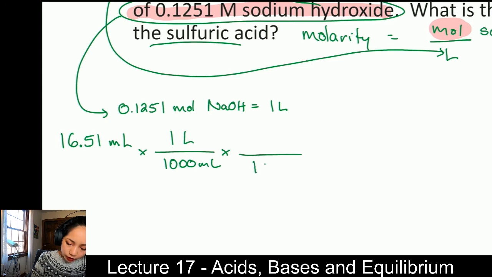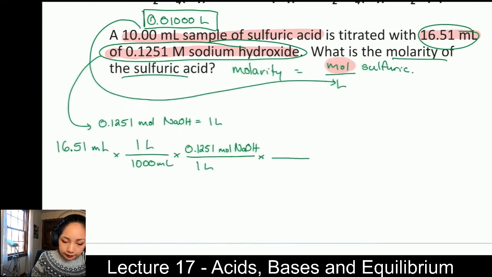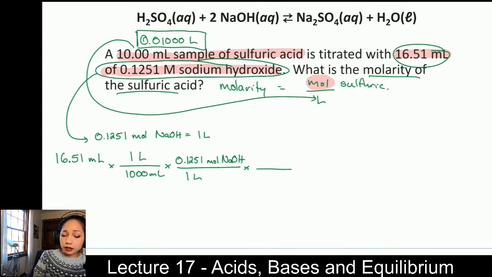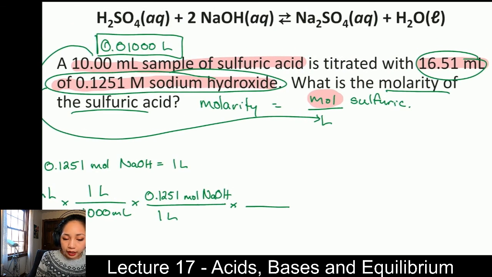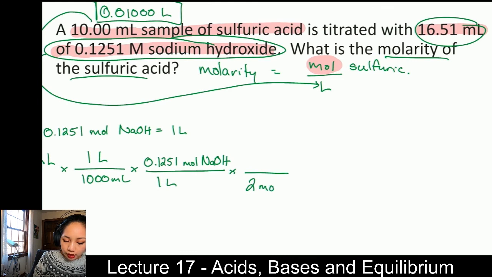So let's do that. 1 liter is 0.125 moles of sodium hydroxide. Now that we're in moles of sodium hydroxide, we can convert that to moles of sulfuric acid using the equation. 2 moles of sodium hydroxide is required to neutralize 1 mole of sulfuric acid, H2SO4.